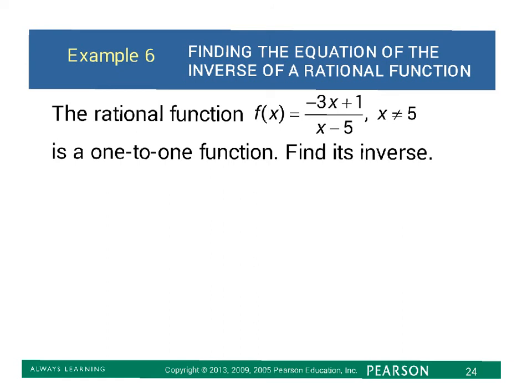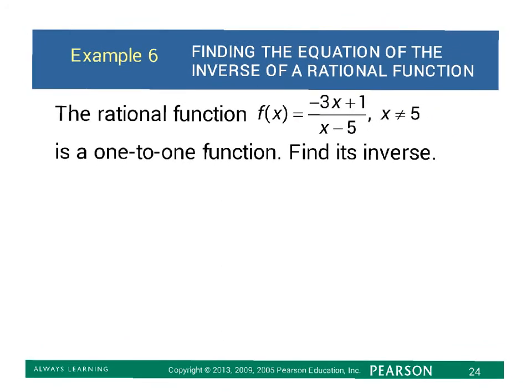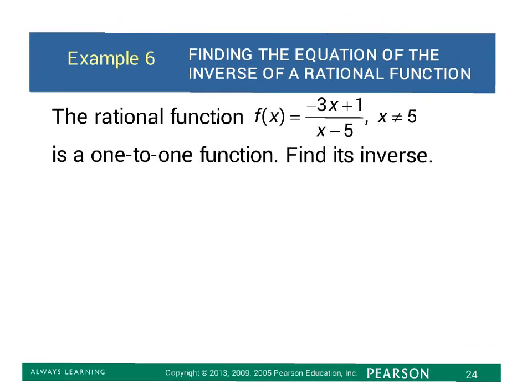So start with the first step, which is, replace that with y, and now interchange your x and y values. So x equals negative 3y plus 1 over x minus 5.